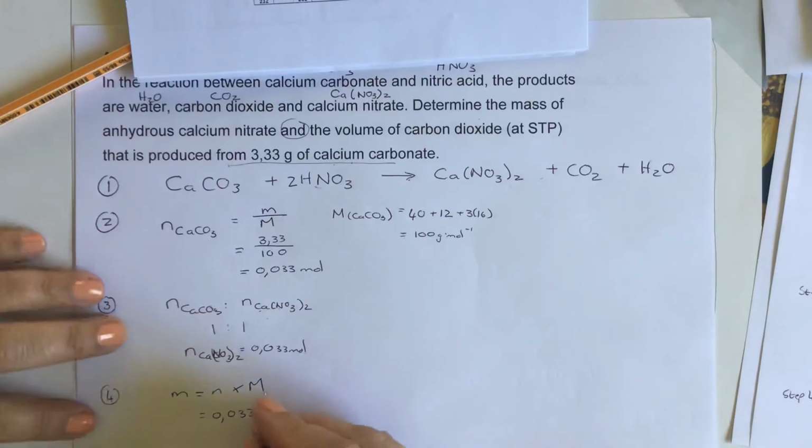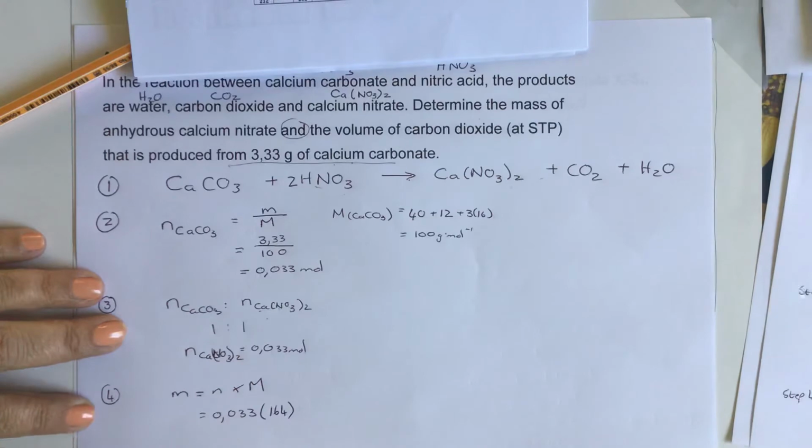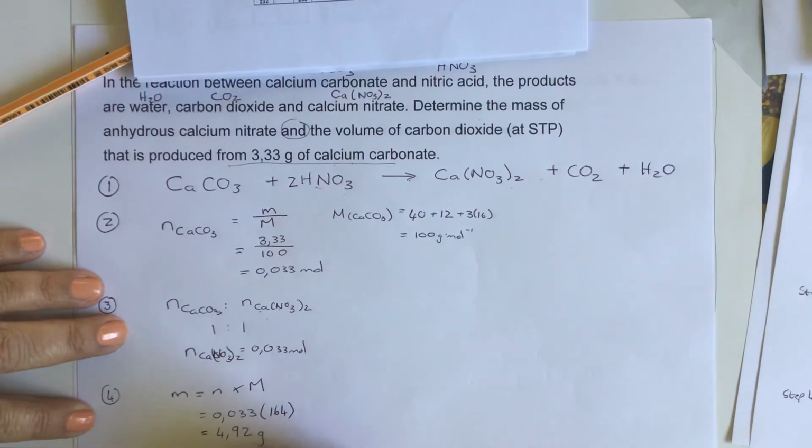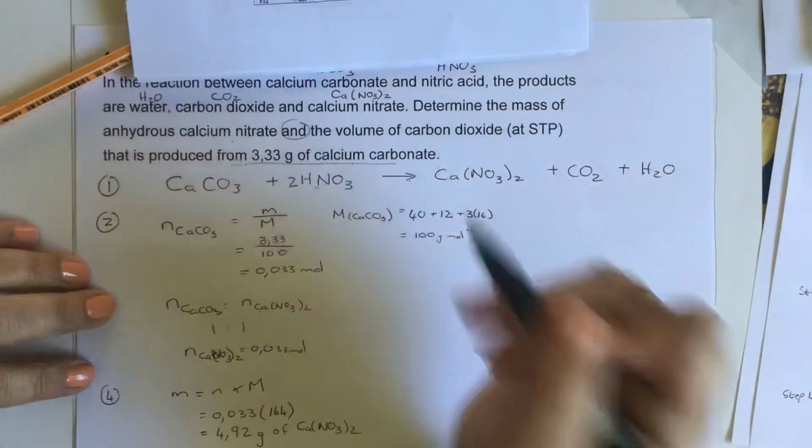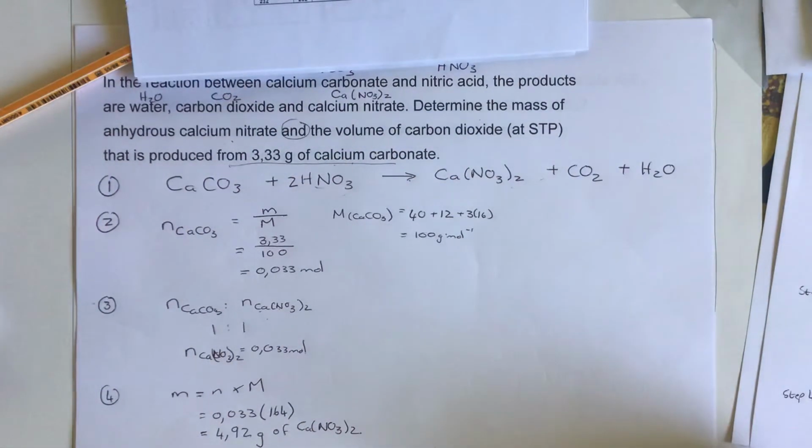I've already worked it out, so you can go and check me, but that works out to be 164 grams per mole. Substitute that in my calculator and I get 4,92 grams of calcium nitrate. Right, and yes, I'm done with the mass, but I did not answer everything yet.